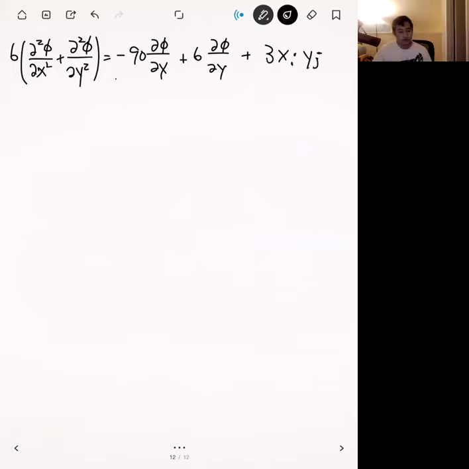Okay, so now let's take all of our derivatives here and apply our finite difference scheme. Let me do the diffusion terms first, because we did this in the previous example.